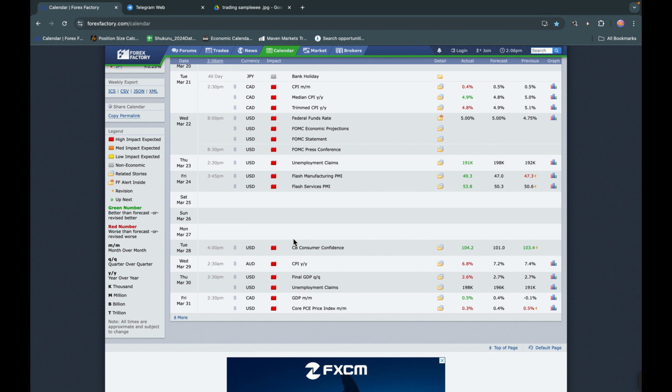So we will not be coming to the calendar again. We'll just be backtesting till Thursday, March 30th, because remember we don't trade on Fridays. So let's see how the daily candle closings were. Then we will see if we look to the smaller time frames to look for entry. Right now we'll go to the daily and see if March 28th is a valid day for us to trade.